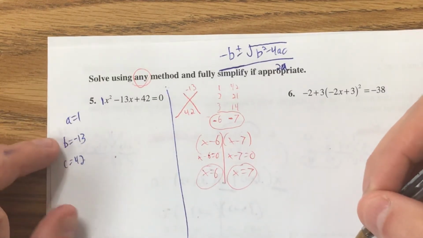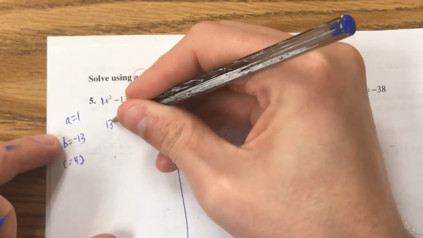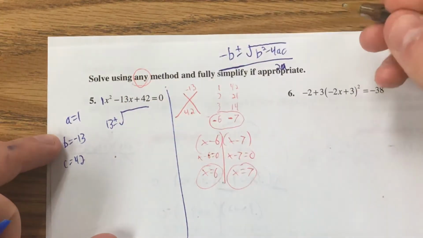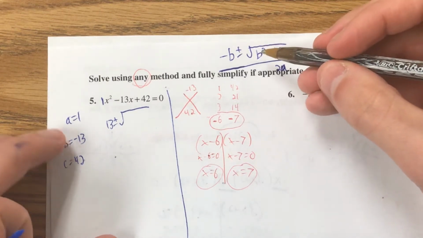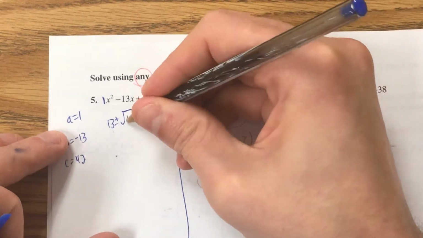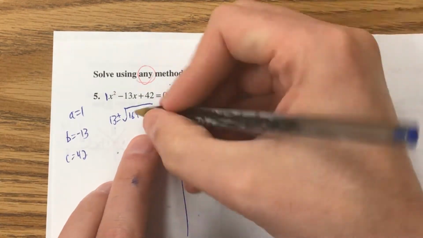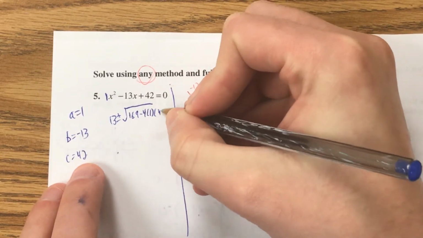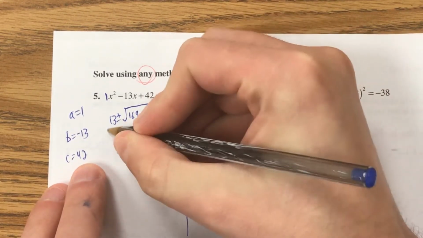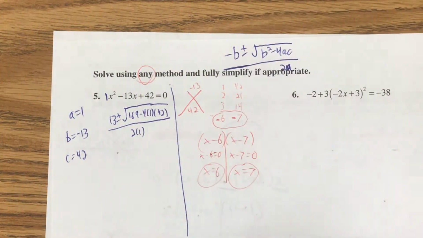So negative b, this is b, so negative b would be a positive 13, square root. From here on out, I strongly suggest you square b in your head. Negative 13 squared would be a positive 169, because anything squared is positive. And then minus 4 times a times c, like so, divided by 2 times a, which is just 1.